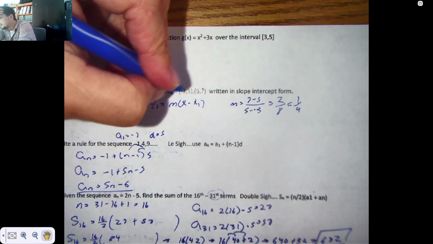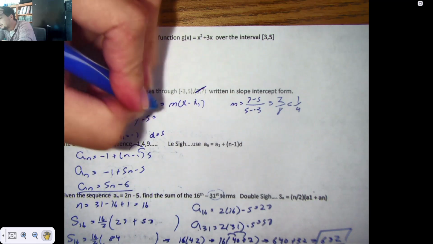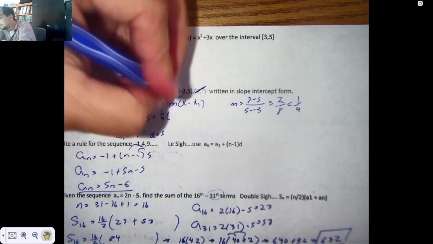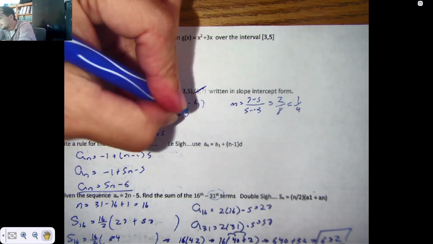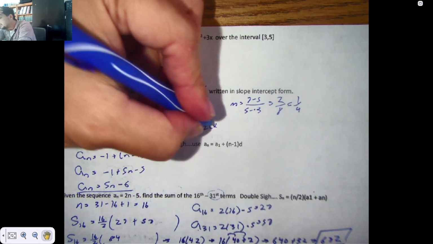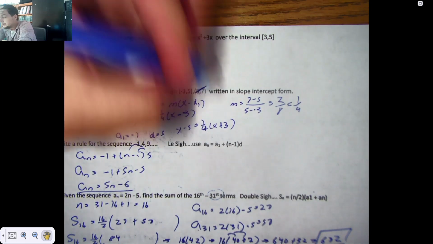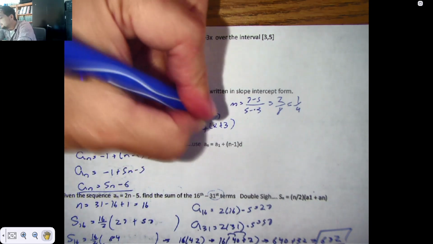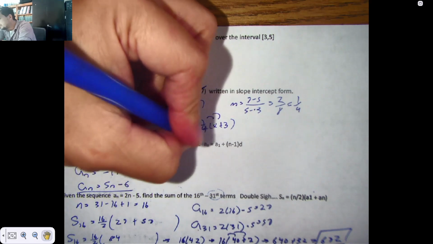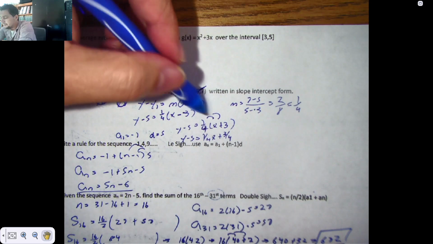I'm going to throw away the second point. The numbers are smaller in this one. Y minus 5 is a quarter of x minus a negative 3. So y minus 5 is a quarter of x plus 3. I'm going to distribute. Y minus 5 is a quarter of x plus 3/4. Because 1 times 3 is 3, kids.